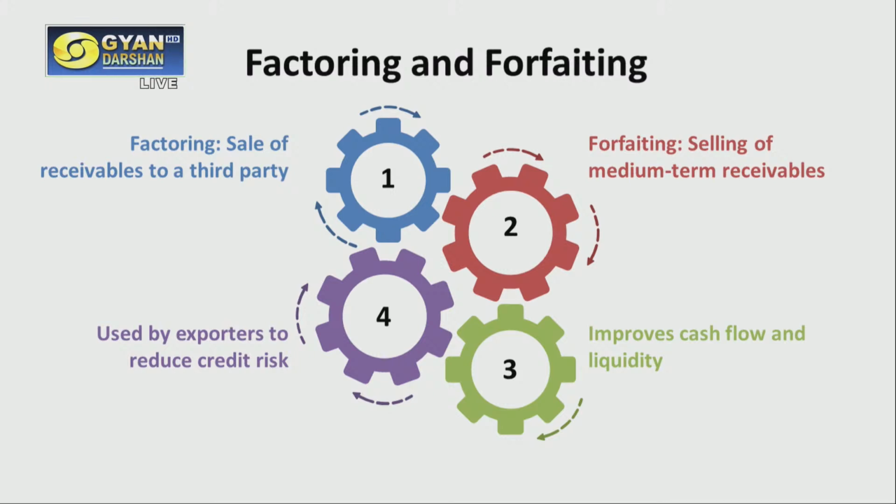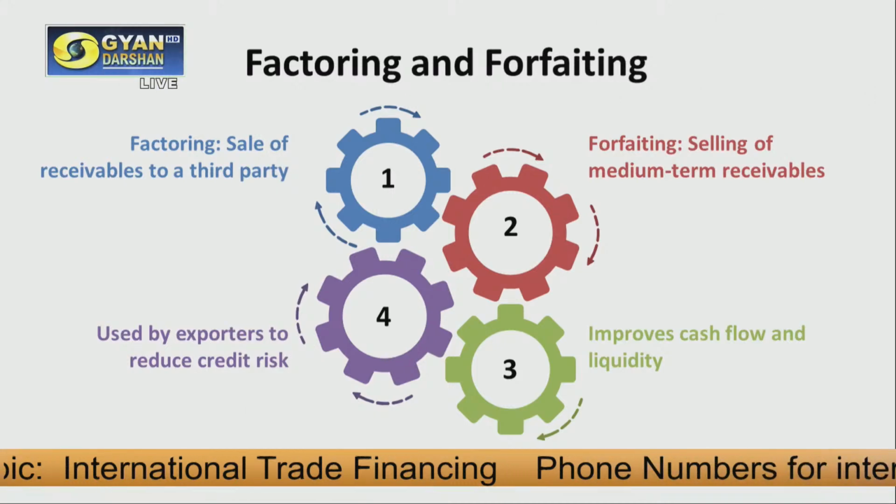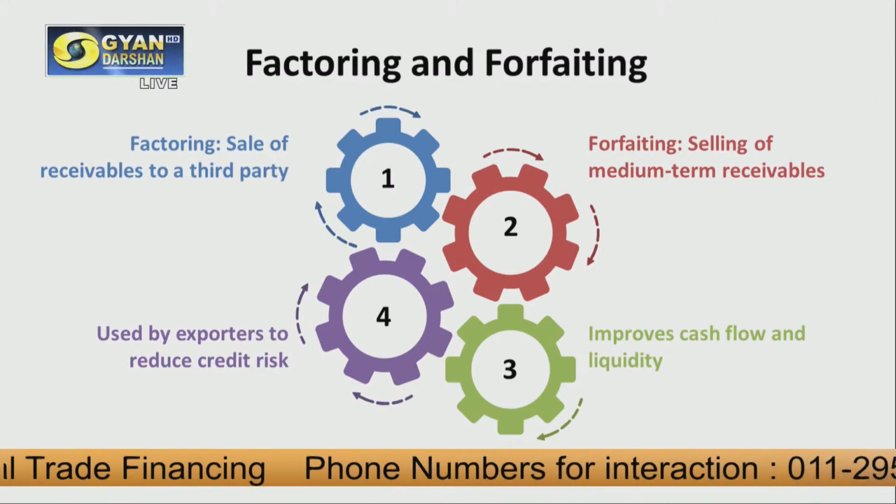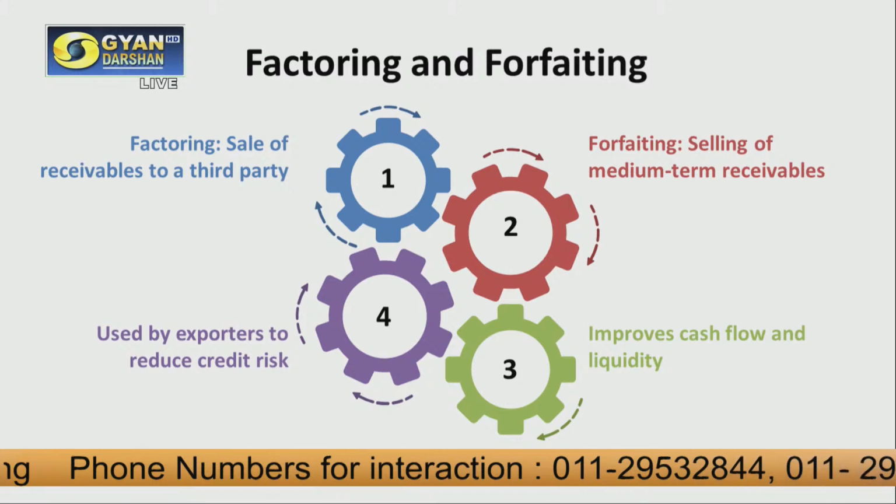Here there is a basic difference: in the case of factoring, the time limit for the credit is 180 days, whereas in the case of forfeiting it is 180 days to 7 years. So for short term purposes factoring services are basically used, and if the credit is for the long term, the forfeiter provides the services, because both factoring and forfeiting improve cash flow and liquidity in international trade.